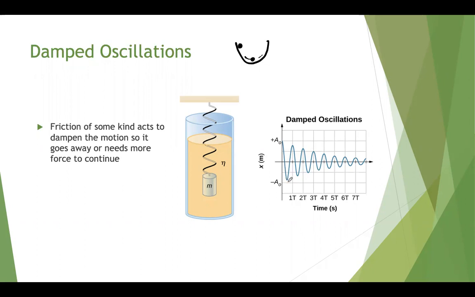Then it goes back up, and it's trying to hit the peak again, but it doesn't. So we have these damped oscillations, and this is what it will look like graphically. Eventually it will phase out and just be at x equals 0, or the equilibrium position.